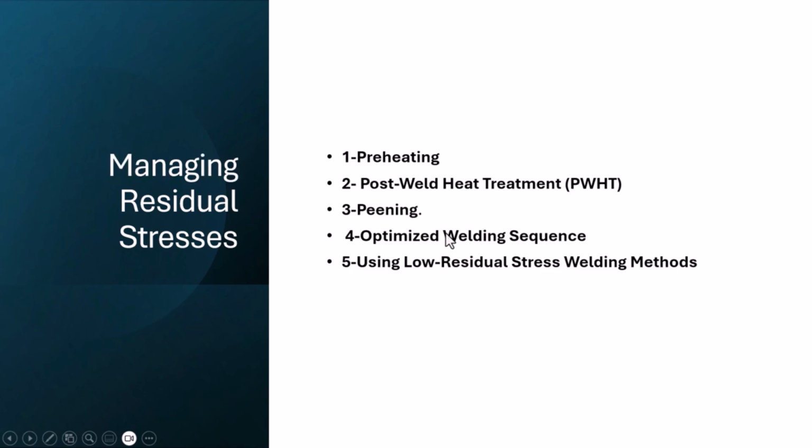The next one is optimized welding sequences. While we are dealing with multi-pass welding, we should optimize the process. We should let the material cool down, or we can use the temperature of the previous pass as a heat treatment for the second pass, and we have to optimize the time, the temperature, and everything else.